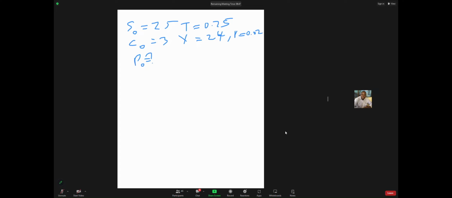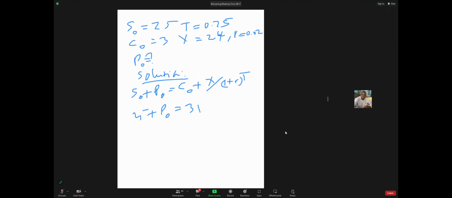Yeah, so you can be given the data, so you look for the unknown. So, solution: we know that SO plus PO is equal to CO plus the present value of the exercise price, which is X divided by 1 plus R raised to T. So 25 plus PO, which we don't know, should be equal to 3 plus present value of 24.